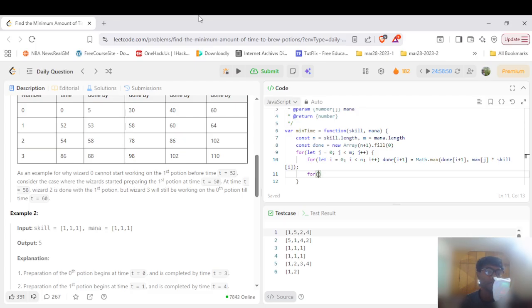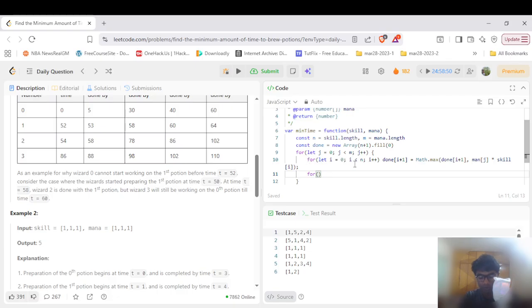Like for example, in the first potion, we would not be having any values for a specific time of completion. So the first potion will obviously take up the mana value of the potion and also the skilled workers, right? So that's what we have done in this for loop.